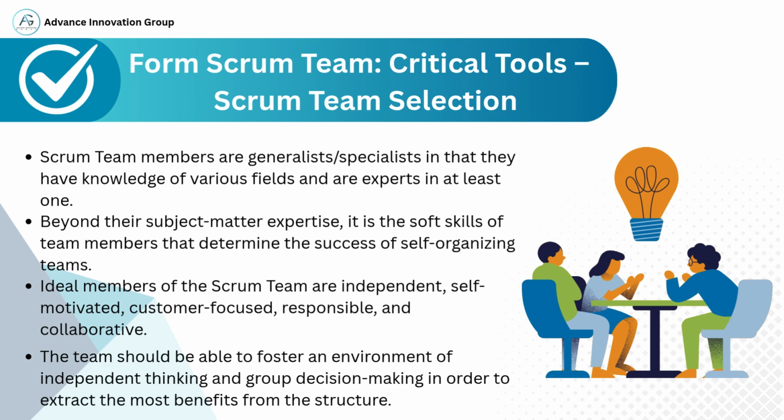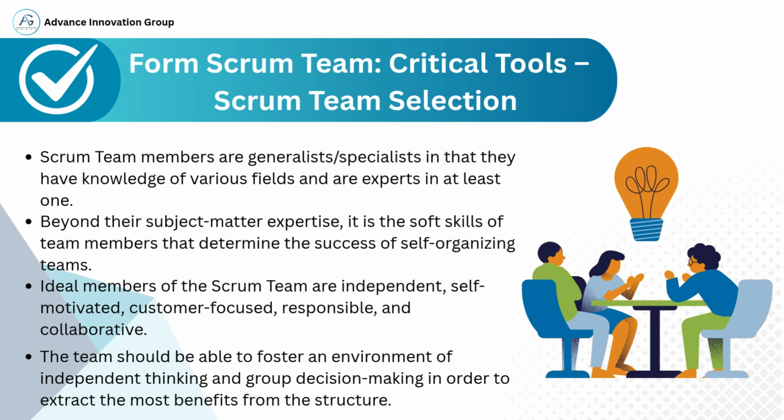Scrum team members are ideally a mix of generalists and specialists. That means they are capable of understanding multiple areas, but they are experts in at least one key skill. However, beyond just technical knowledge, soft skills are just as important. The success of a self-organizing Scrum team depends a lot on how well members communicate, collaborate, and manage themselves.